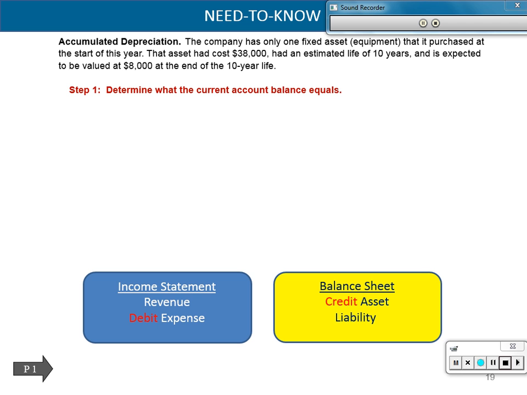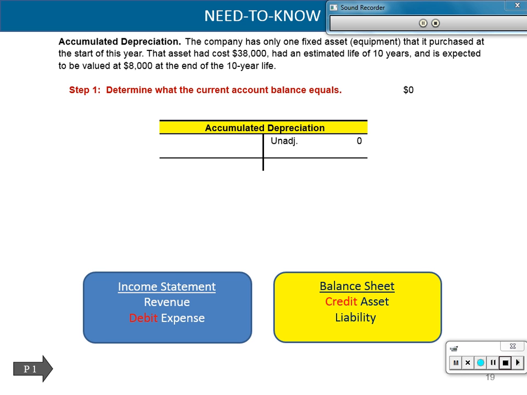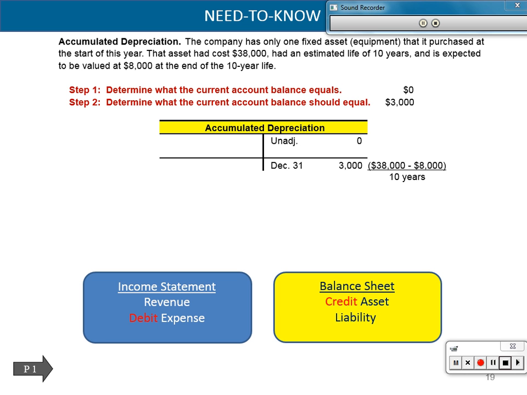3,800. So they're saying that it's expected by the end of 10 years to be worth how much? 8,000. So the balance right now is 0 because depreciation would not have a balance to start with, not accumulated depreciation. Now the current balance should equal what? Because this is that formula that I told you about. Anytime they give you a value that they say is what it's supposed to be worth, that is called salvage.